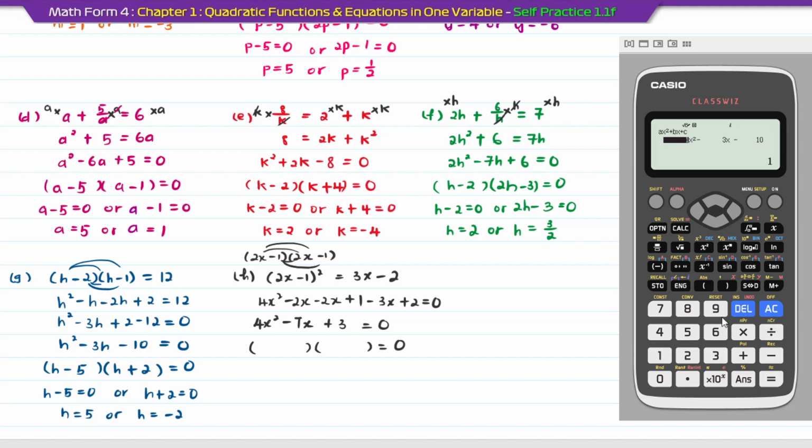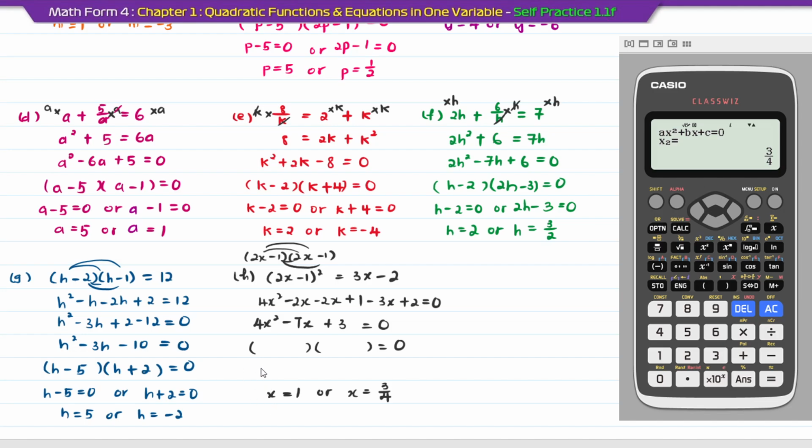So using your calculator, enter the A, which is 4, the B, negative 7, and the C is a positive 3. Press equal again. So the first answer for x is equal to 1. And the second one is x equal to 3 over 4.